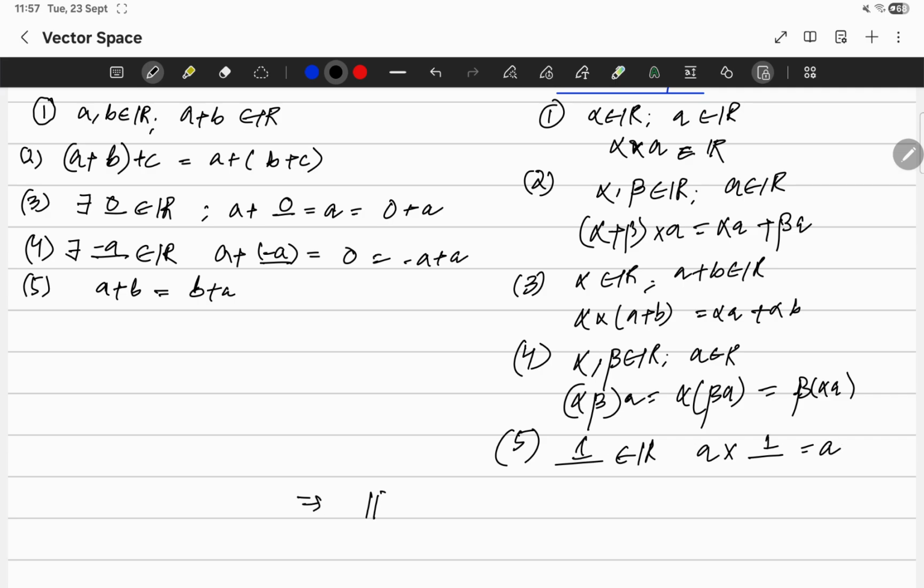So it implies that R over R with usual addition and usual multiplication is a vector space.